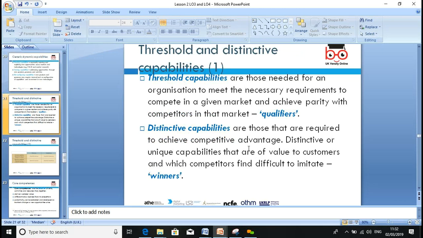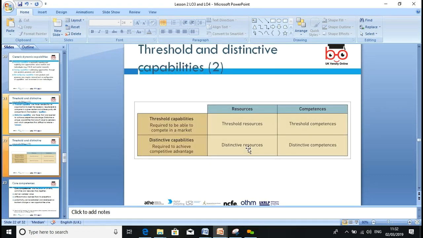We need to look at the threshold capabilities, the minimum achievement we need so that at least we can sustain in our organization. When you do your assignment, you can discuss these as well: threshold capabilities, threshold resources and threshold competencies we require. We need to look at how we can differentiate ourselves and compare with competitors.